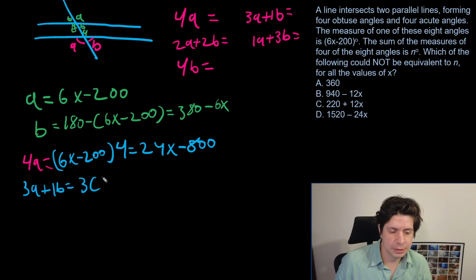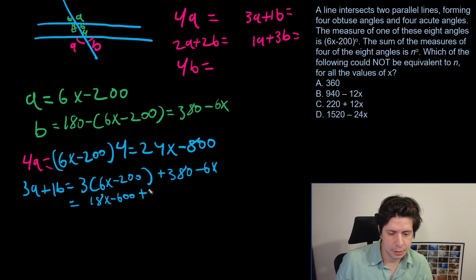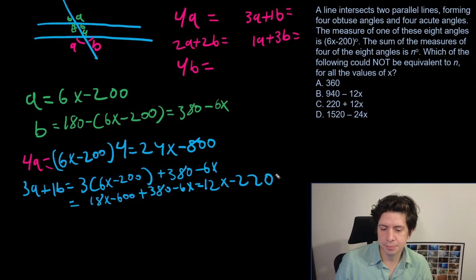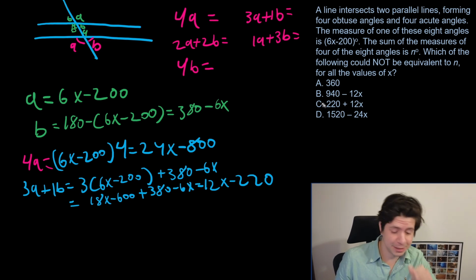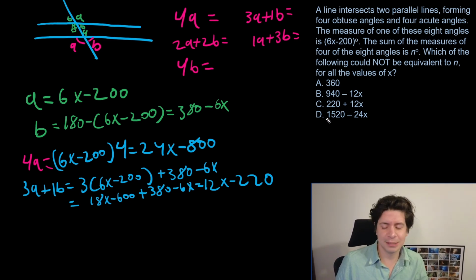That's going to be 3 times (6x minus 200) plus 380 minus 6x. That's going to give us 18x minus 600 plus 380 minus 6x, and that's going to equal 12x minus 220. We have a 12x plus 220 as an option, so that seems like a red flag that we got minus 220 and that's plus 220. Either we messed up or this is the wrong answer, but we'll find out.